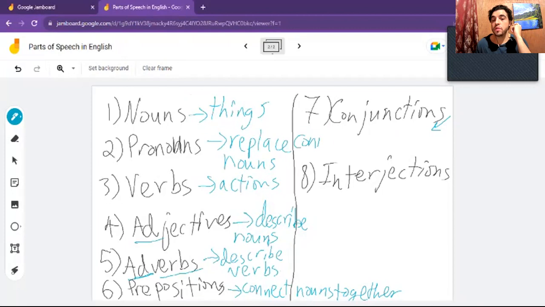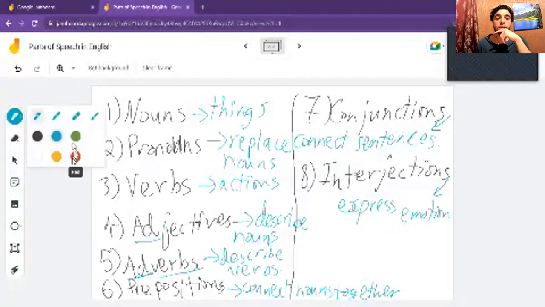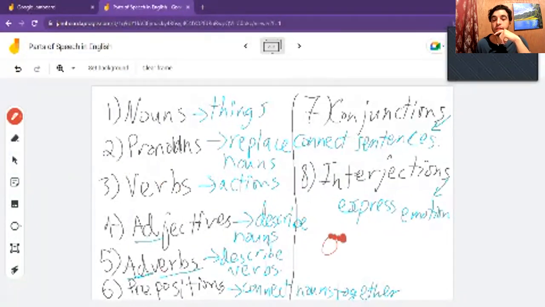Connect clauses, yeah. But let's just say they connect sentences, because I think that's a better way of thinking about it. And these express emotion. So these are things like, if we use an example, "oh my", or "well, I'll say".